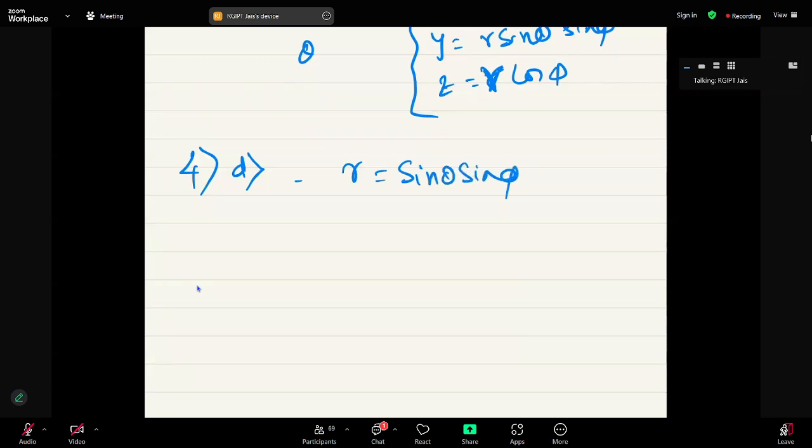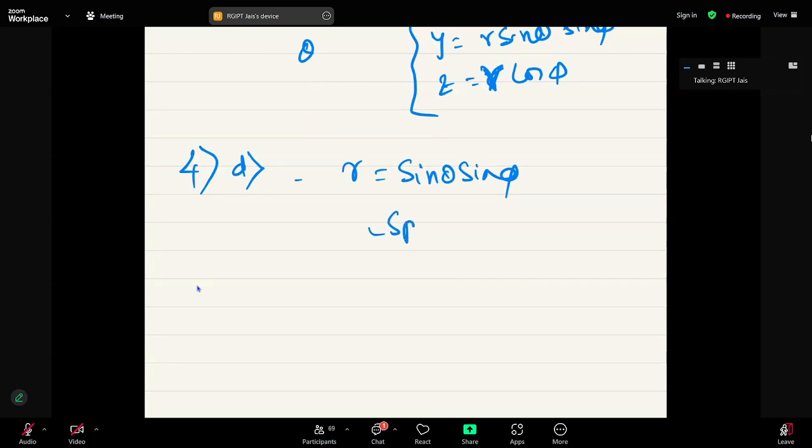This is in the spherical coordinate system. Can you guys find out what the surface will look like? Anyone? How will this surface look?